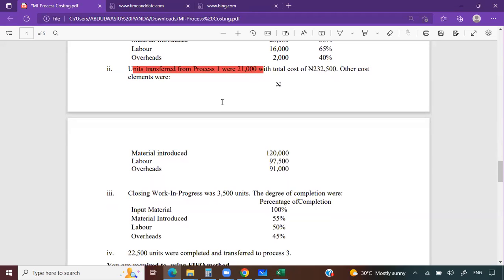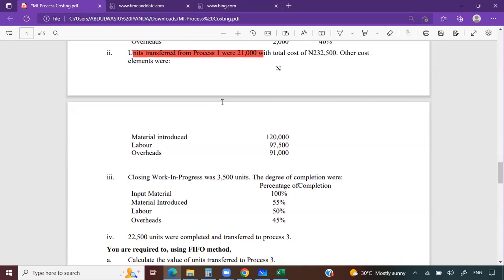And at the end of the day, process 2 closed with 3,500 units as work in progress. Opening work in progress was 5,000 units.